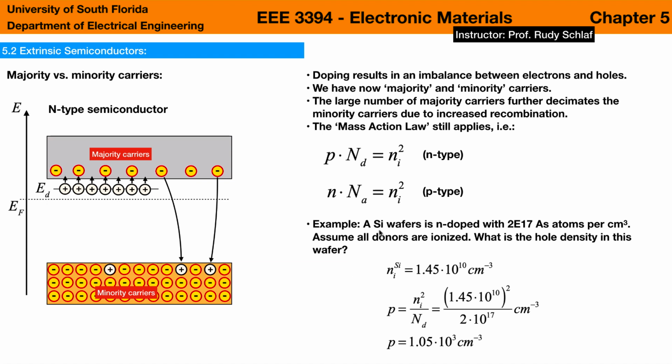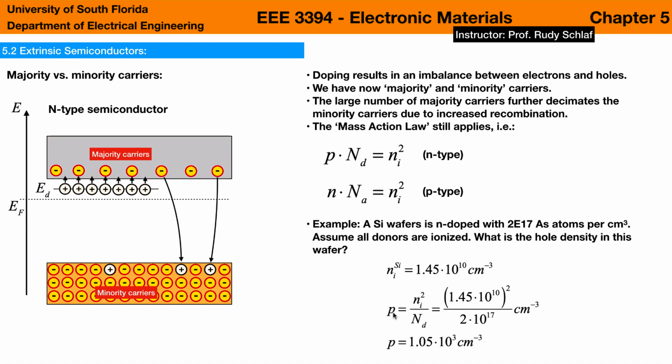A silicon wafer is N-doped with 2 times 10 to the 17 arsenic atoms per cubic centimeter. And so let's calculate now the concentration of holes that we have in there. If it's at room temperature, then we can assume that all donors are ionized. So we have basically 2 times 10 to the 17 per cubic centimeter electron concentration in there.